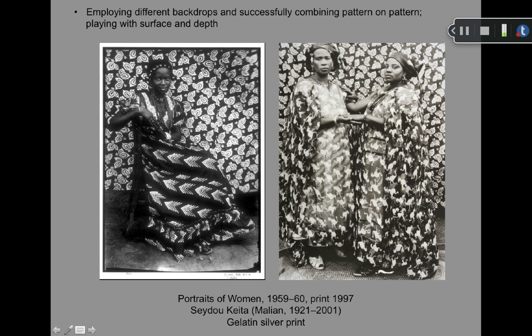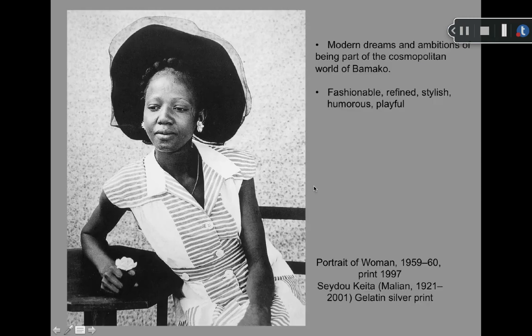You can see he's playing here with surface and depth, so that the backdrop actually seems to coexist in a very interesting way with the figure in the foreground. So he weaves the figure in and out of the backdrop by using these very similar patterns and by using black and white here. Both of these images are key to that.